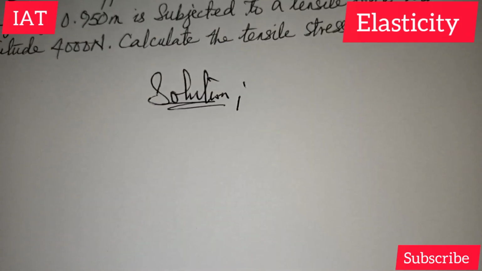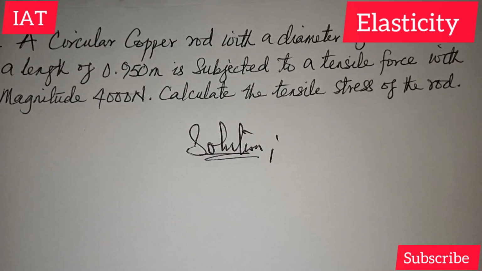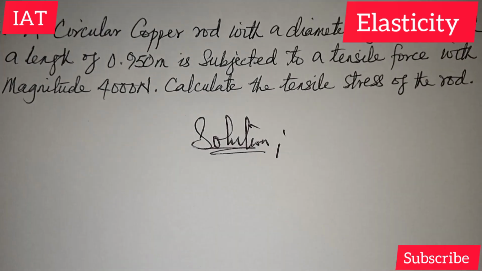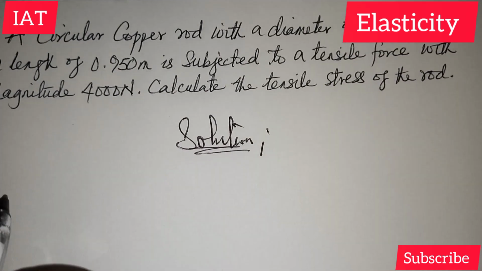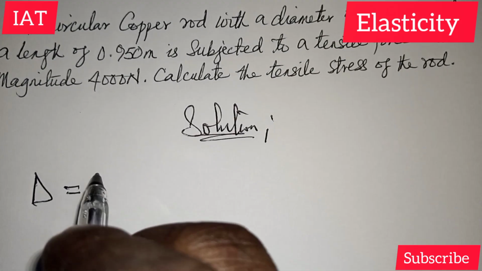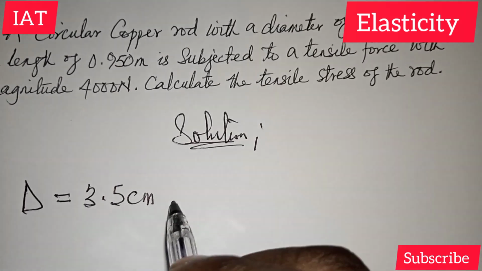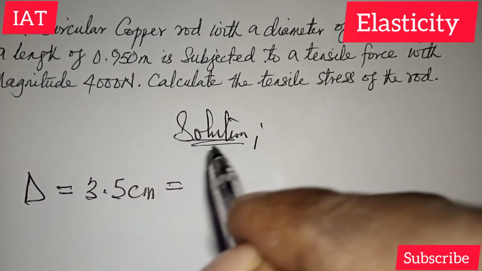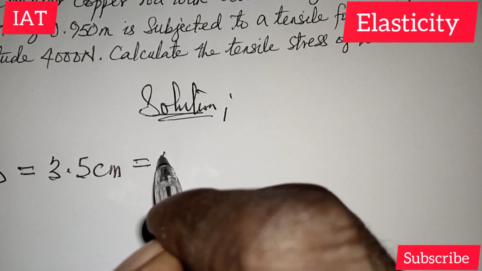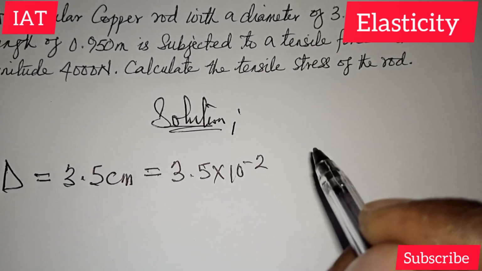So let's fetch out the parameters. Diameter is mentioned, so let's use D to symbolize diameter, and the value given there is 3.5 centimeter. We want to convert it from centimeter to meters, and that way we have 3.5 times 10 to the power of minus 2 meters.